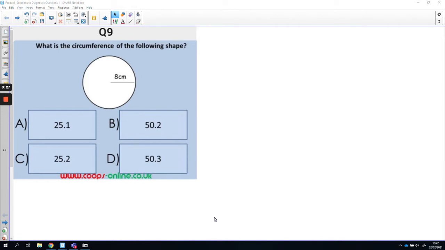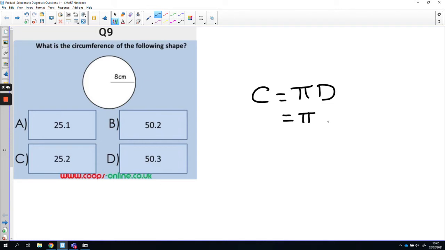What is the circumference of the following shape? Now, the first thing we need to start off with is, of course, the formula. So the circumference of any circle is equal to pi times the diameter, pi d. Pi just being a number, remember, okay? And we need to multiply that by the diameter.